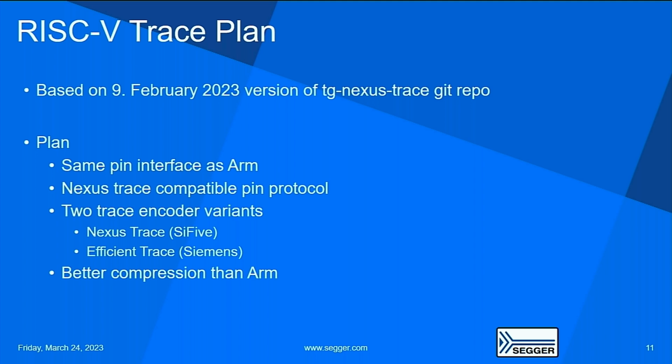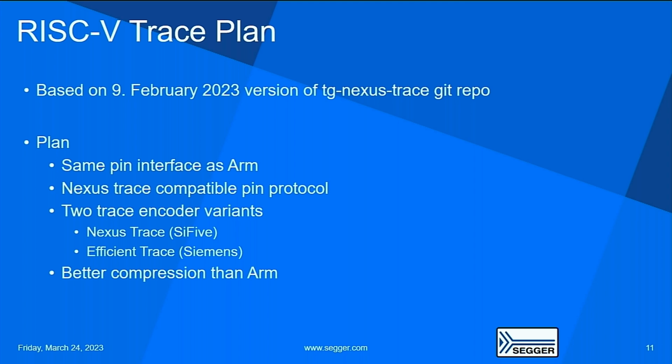The plan that they had was, okay, we want to use the pin interface, the MIPI20 that we saw earlier, that is already standardized by ARM, so people are familiar with it. The other goal was to make this compatible with a standard that people from other architectures might know, which is the Nexus Trace standard.